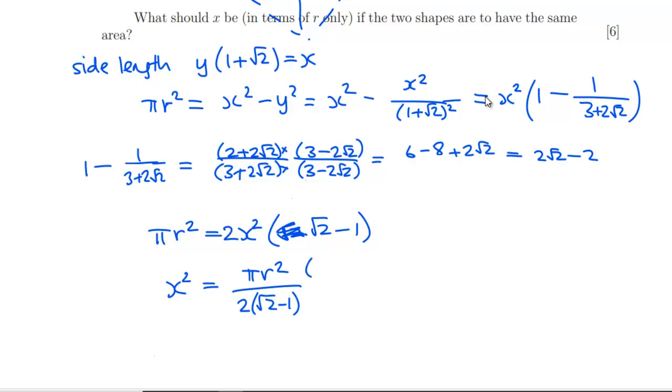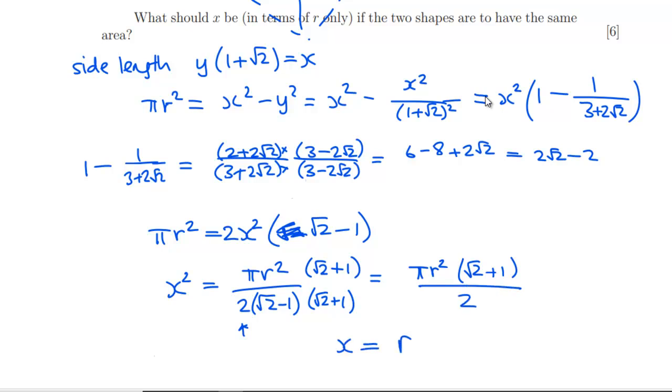So we want to rationalize that with root 2 plus 1, which at the bottom is going to give us 2 minus 1 is 1, multiplied by that 2 there. So we've got 2 at the bottom. So all in all, we've got pi r squared times (root 2 plus 1) over 2, giving us that x is just the square root of that. So x equals r times the square root of pi (root 2 plus 1) over 2.